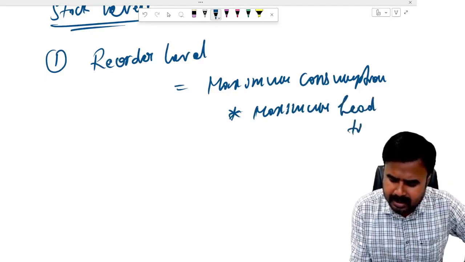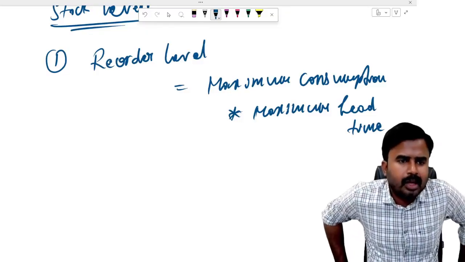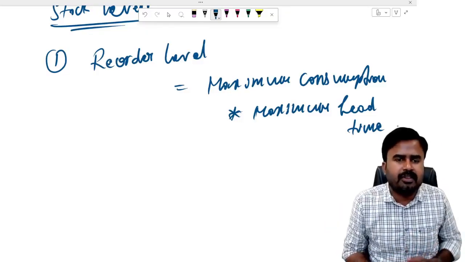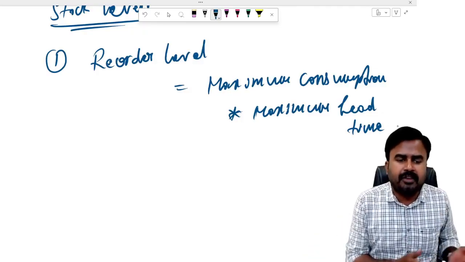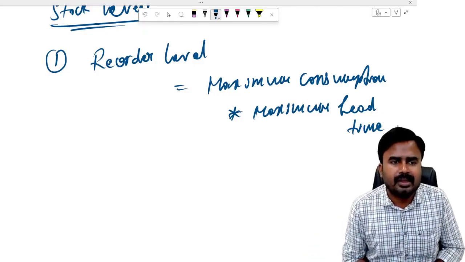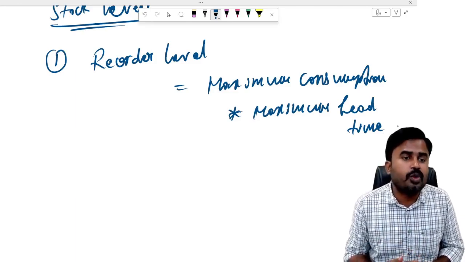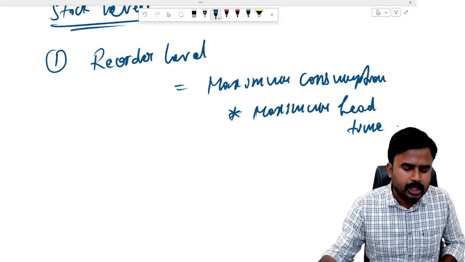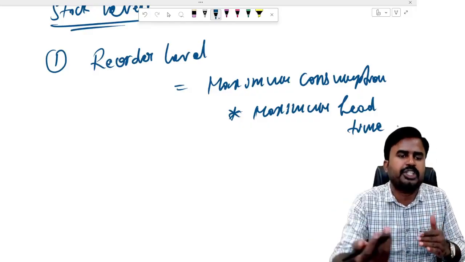Lead time means the delivery period. After ordering the raw material, it takes some time to receive it from the supplier. The time taken by the supplier for delivering the raw material is the delivery period or lead time, which is also known as reorder period.